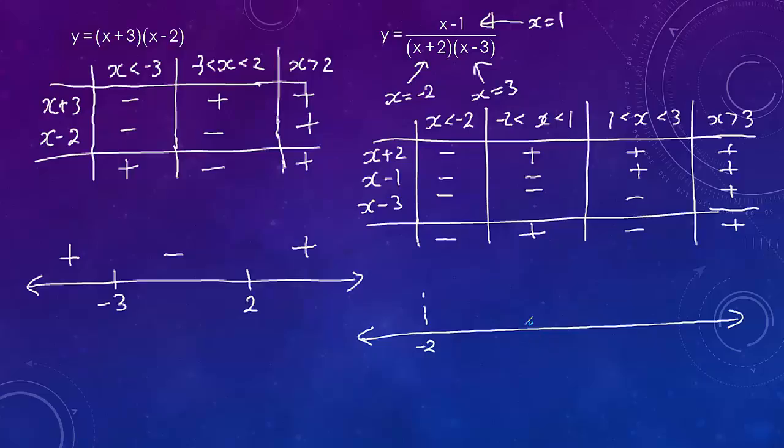The next change is at 1, and that's actually a 0 or root of the function. And then the next change is at 3, and the x minus 3 is on the bottom, so that's also an asymptote. And then we have negative, positive, negative, positive.